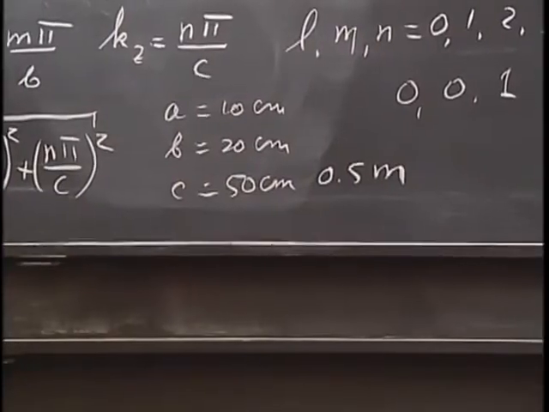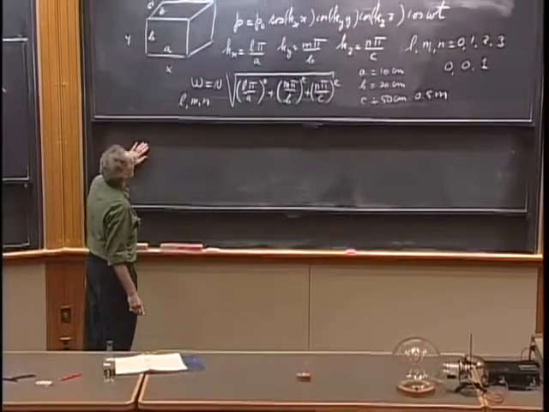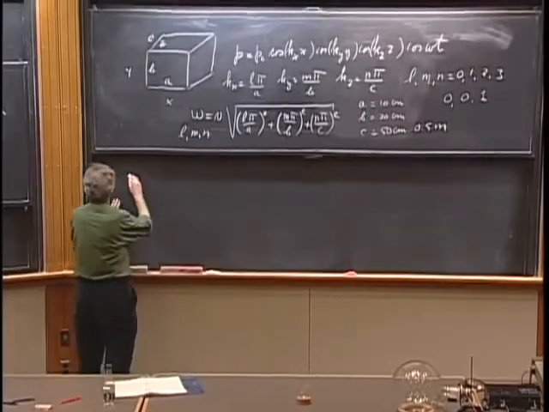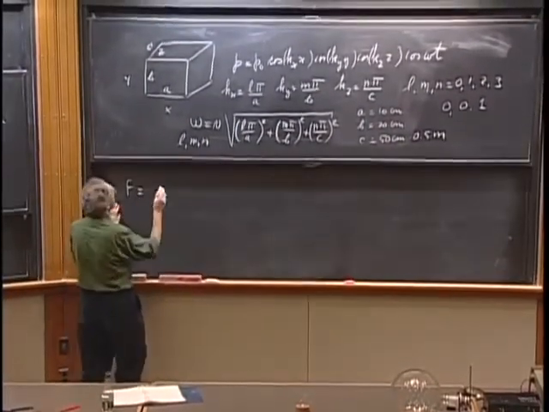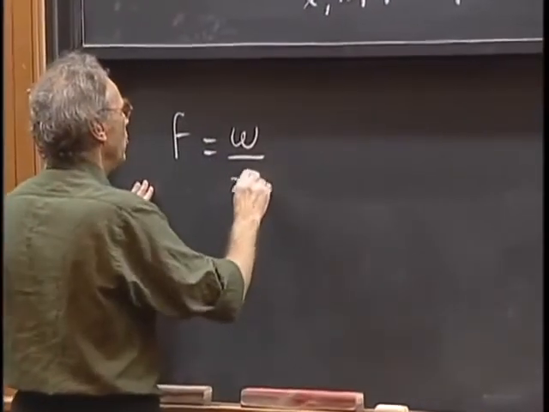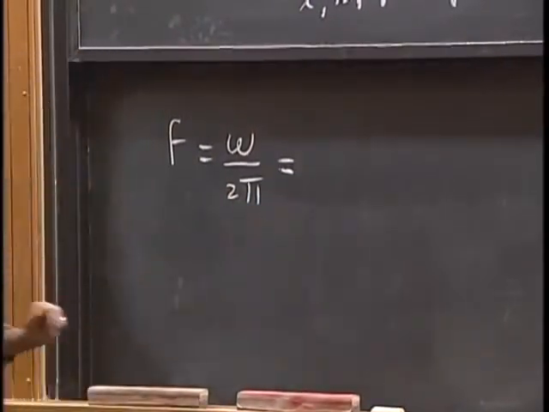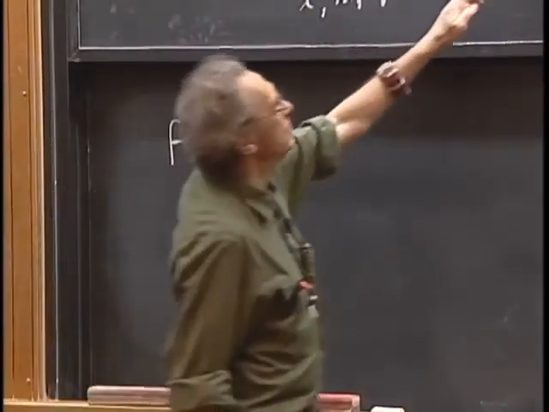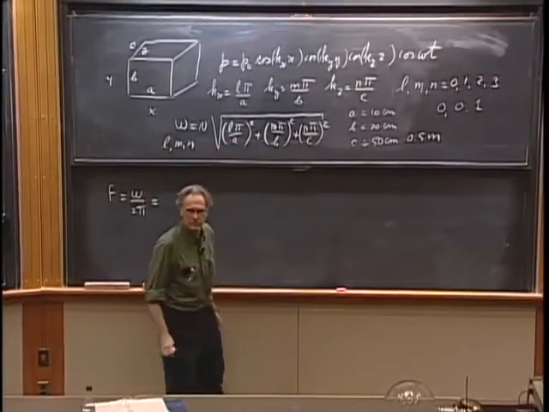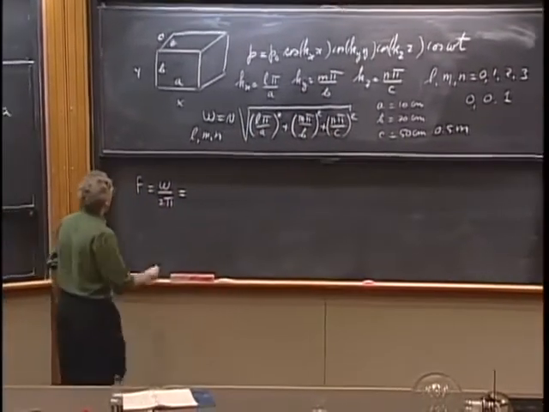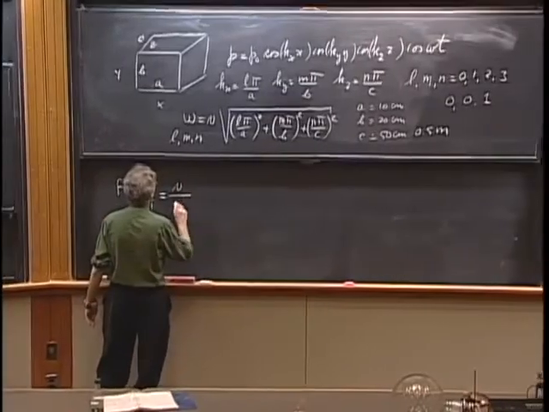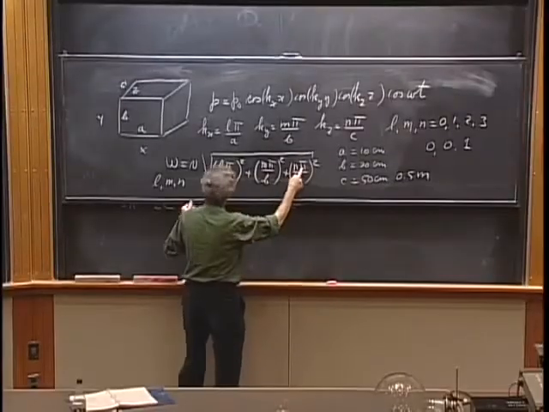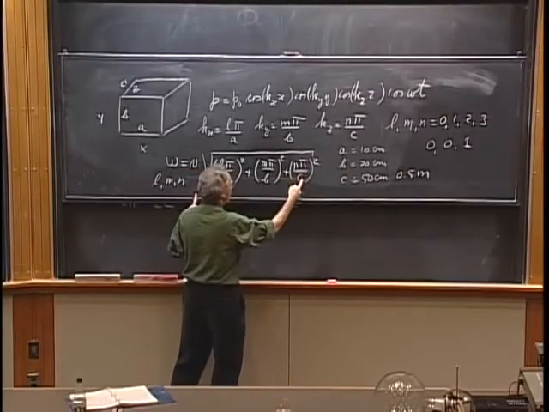For the 0, 0, 1 mode, I then get a frequency f, which is omega divided by 2 pi. And that means I lose all these pi's here, by the way. And so I get v divided by 2c, that is my c. Because look, if I make n 1, my pi is gone, so I only have a 1 over c squared.